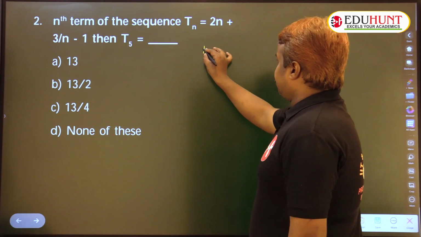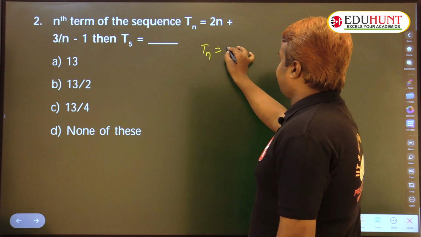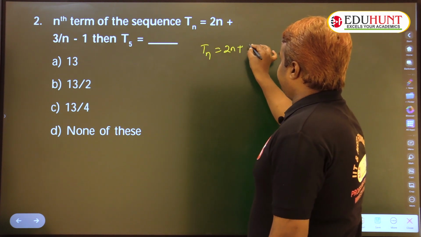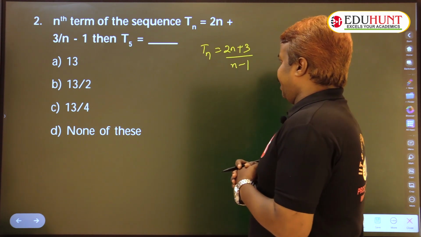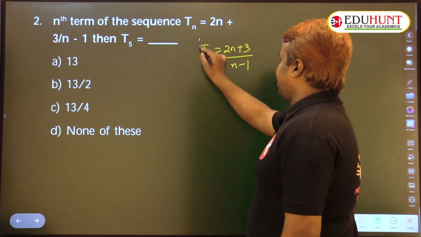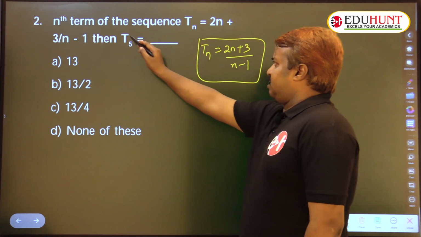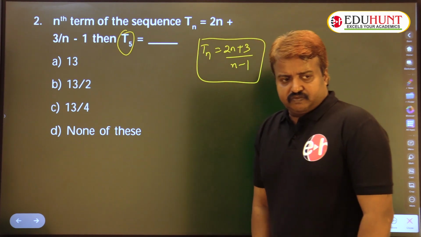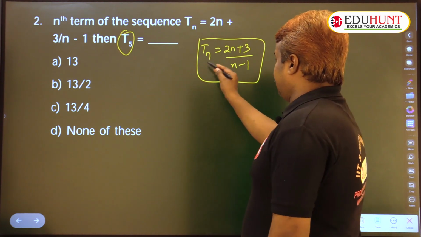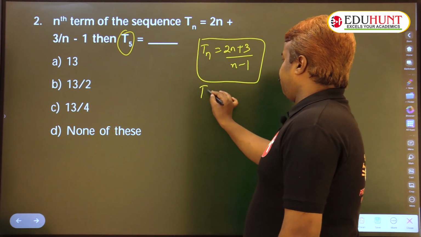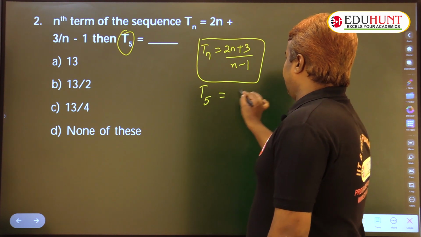Next one, the nth term of the sequence is Tn equal to (2n plus 3) by (n minus 1). Then they are asking, what is T5? What is T5, children? In the place of n you can write 5. You can take n equal to 5.